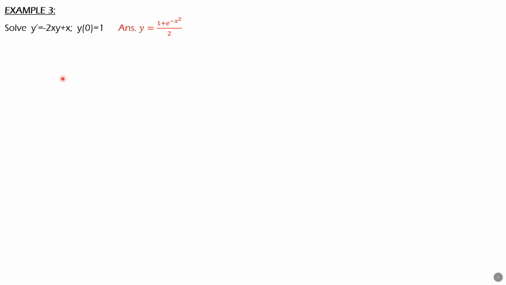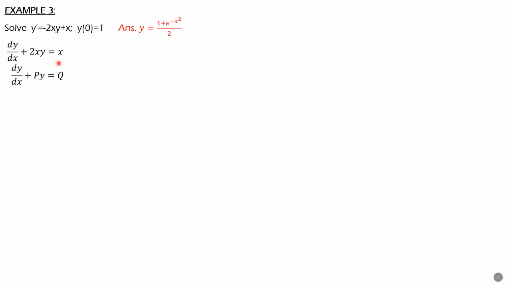So this is dy/dx plus 2xy equals x, after we transpose negative 2xy to the left. Comparing it with the form dy/dx plus py equals q, where both p and q are functions of x, we conclude that p is 2x and q is x.